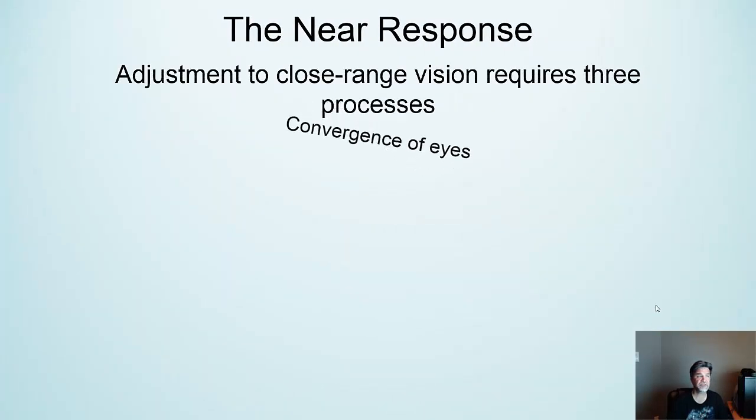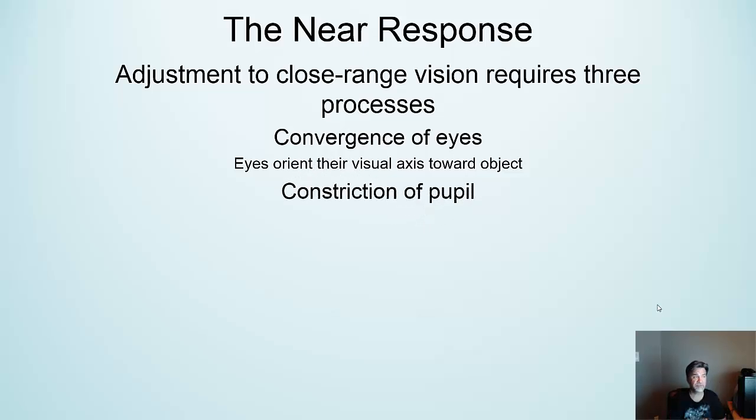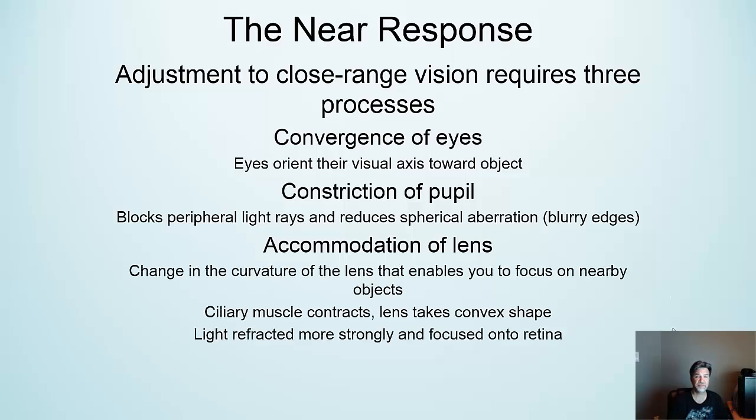So it requires three things to happen. We have to have the eyes converge, so the two eyes will slowly approach the middle, or at least point towards the middle. The pupil will begin to constrict to block the peripheral light rays, and then you'll get accommodation. This is the big deal here about objects changing position and getting closer and closer.